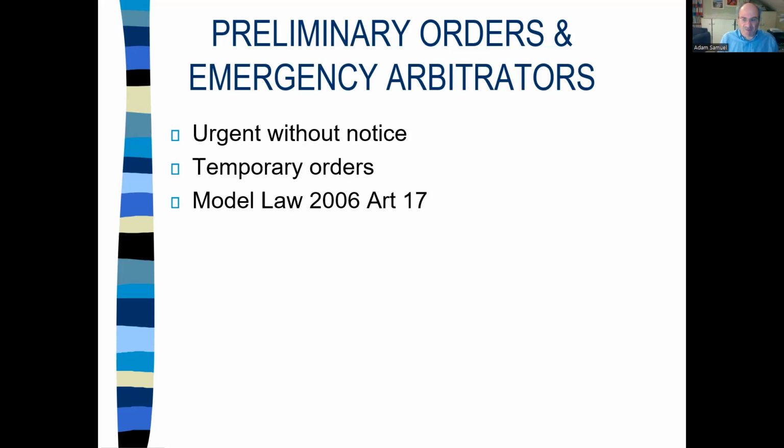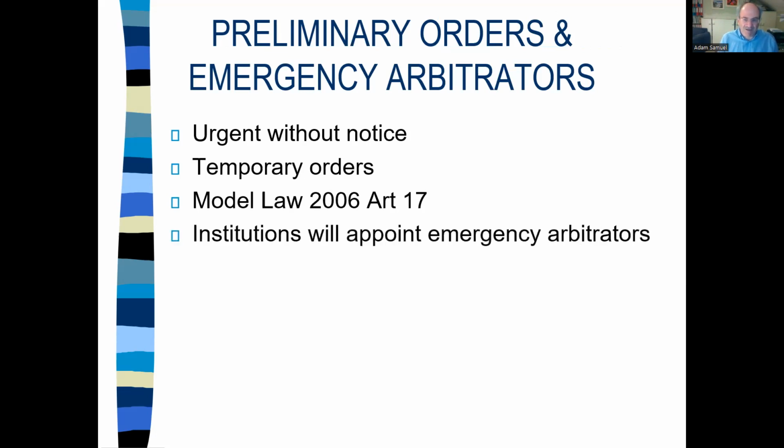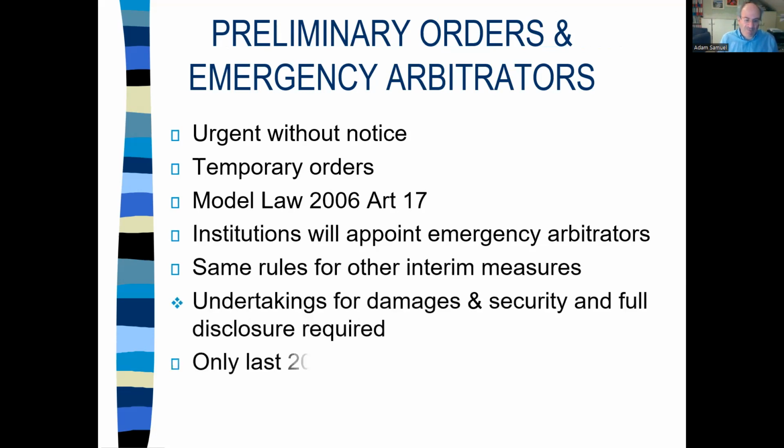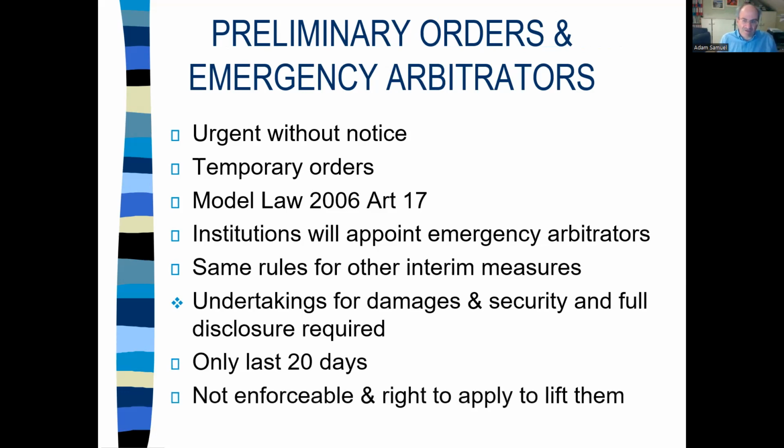Now, institutions responded to this by creating emergency arbitrator procedures. They appoint emergency tribunals, typically a single arbitrator, who's not going to be hearing the actual dispute. Otherwise, you've got the same rules for interim measures, with one exception, or a couple of exceptions, the most obvious of which is that they only last 20 days, and you can't enforce them in the courts.